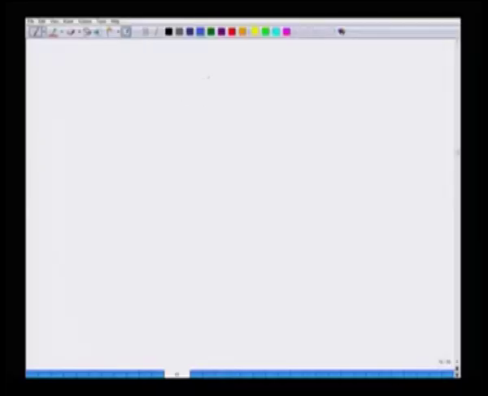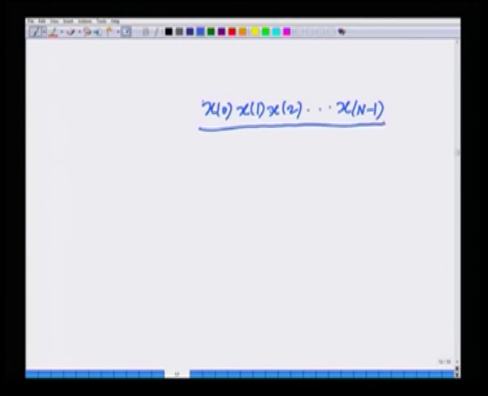Let us say I am considering one symbol x0, x1, x2 up to xn minus 1. These are the samples corresponding to one OFDM symbol, and let us say the previous OFDM symbol also has some samples. These samples are x tilde n minus 1, x tilde n minus 2, up to x tilde of 0.